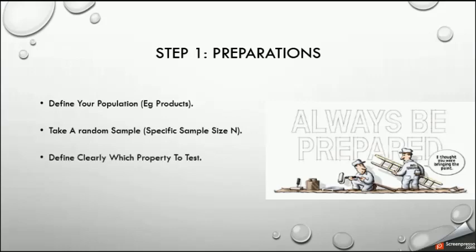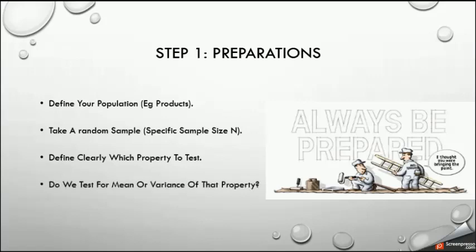After that, we will define clearly which property we are testing for. For example, in the population of water bottles, we can test for the capacity of the water bottle itself. Other people may want to test for the weight of the water bottle or the height. So we should clearly define the property we are testing for.